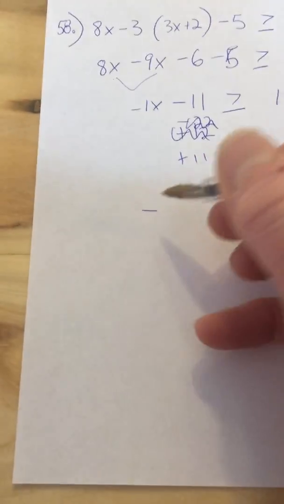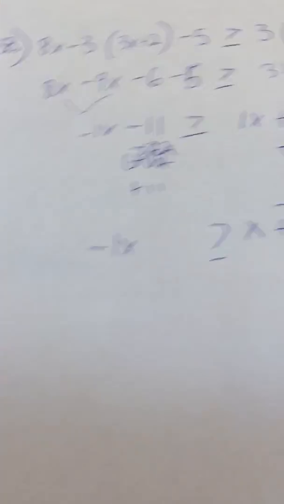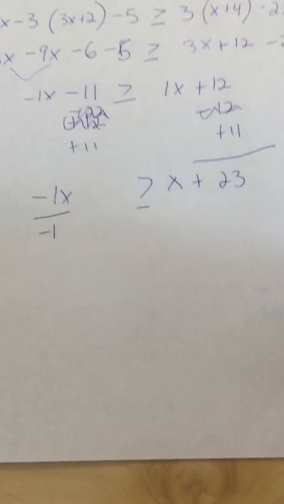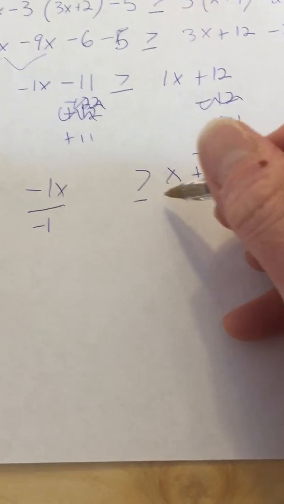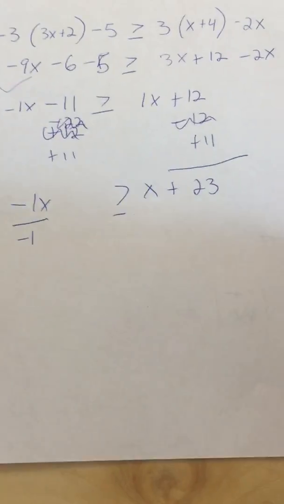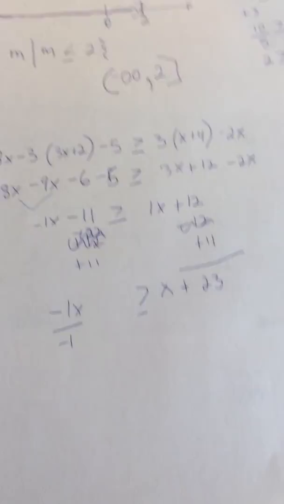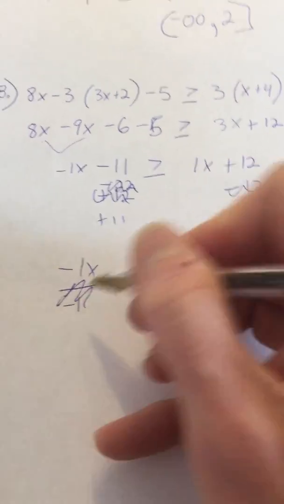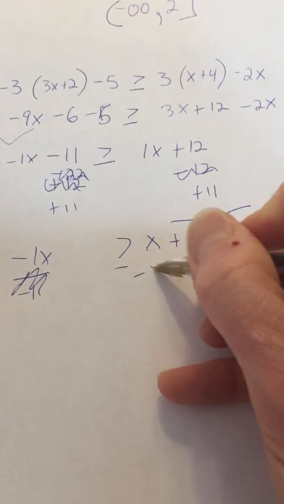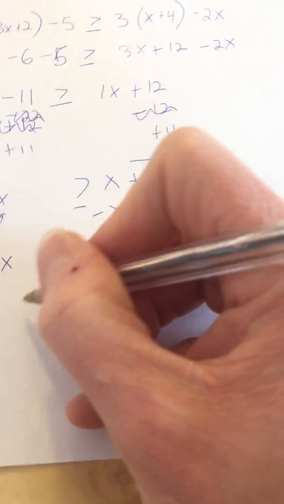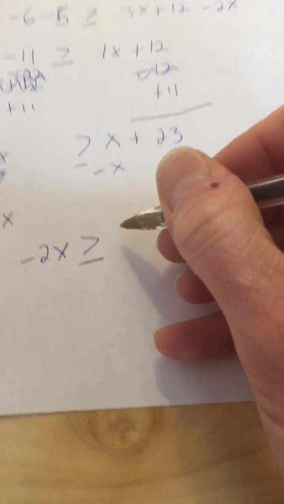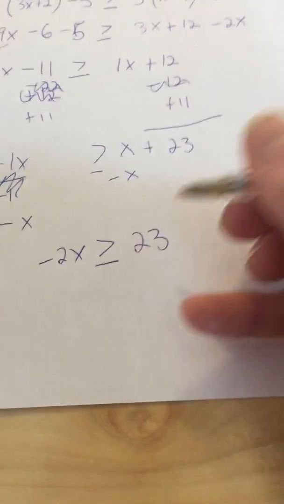But I want to divide by this negative 1. Whoa, what happened there? Oh, I know. I'm going to take away an x, take away an x. Am I doing this right? Yeah. So now I have negative 2x is greater than or equal to, and then this is the 23 still.